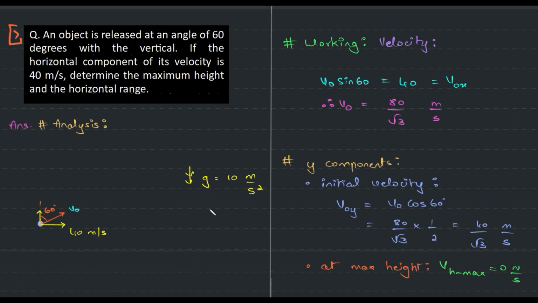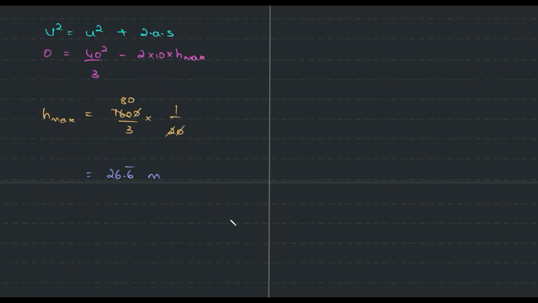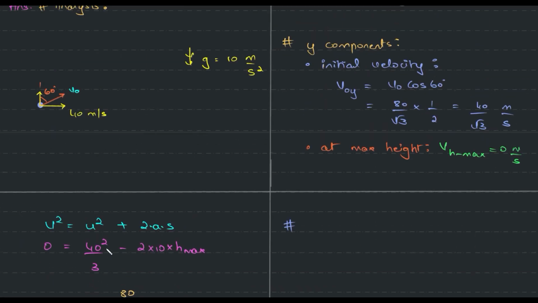Determine the maximum height, we did that. Determine the range. Again, guys, I know there's a formula, but as usual, I'll find the time separately. v is equal to u plus at. v is 0 at the maximum point. This is 40 by root 3.